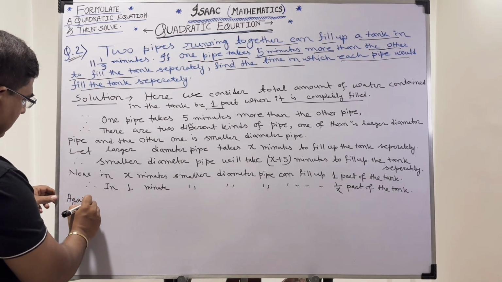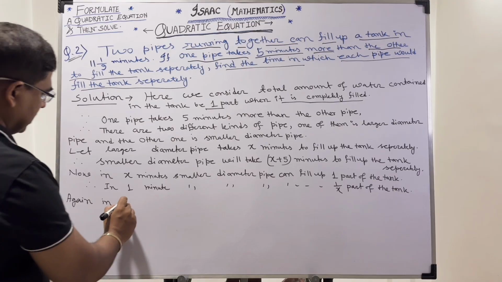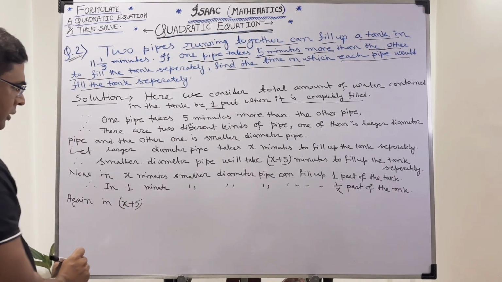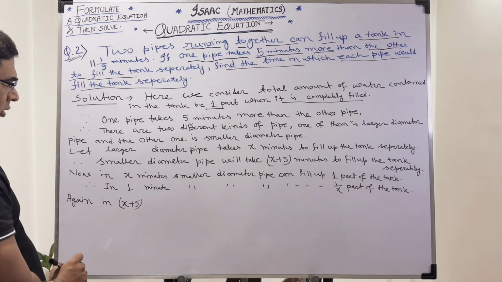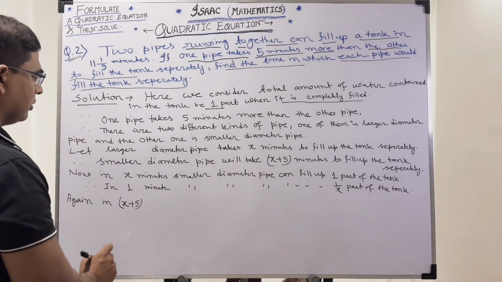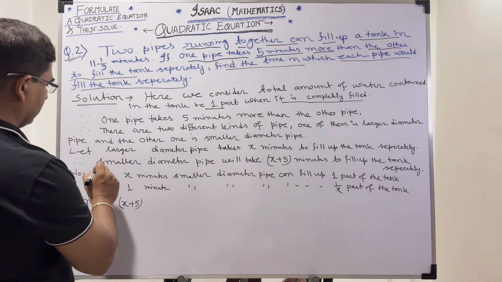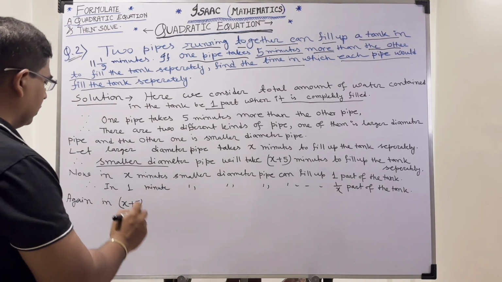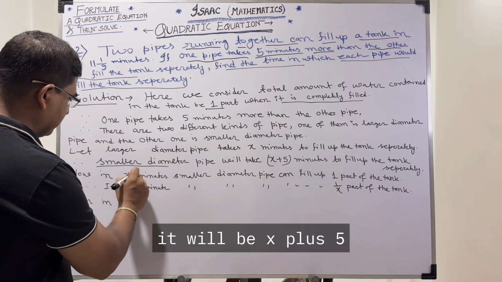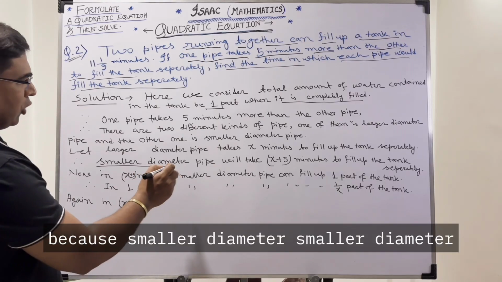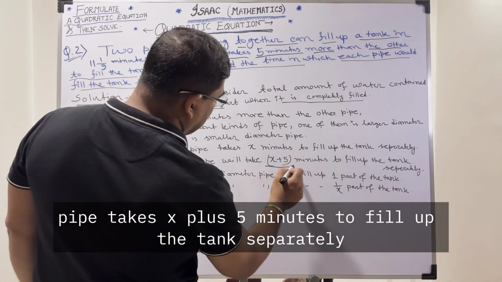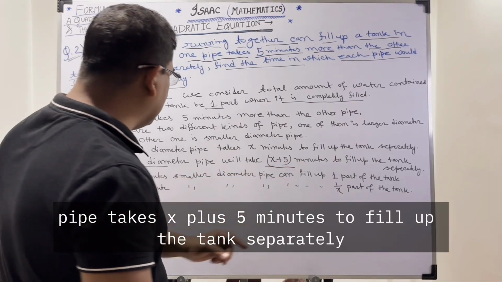Again, in x plus 5, because the smaller diameter pipe takes x plus 5 minutes to fill up the tank separately.